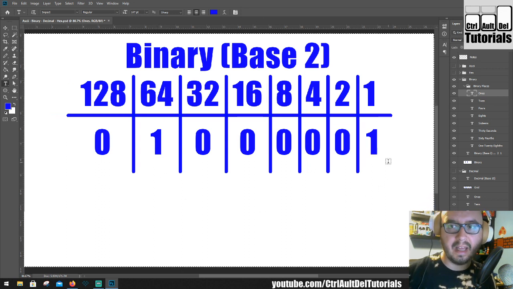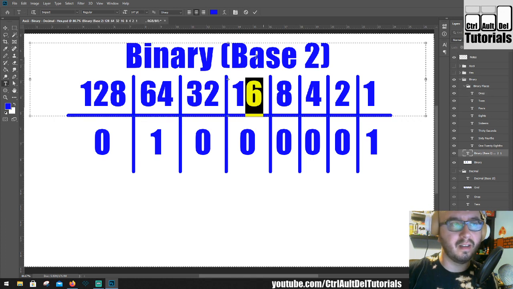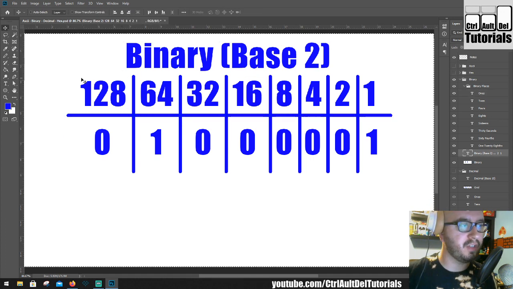That's going to be a decimal value of 65. So when we add these up, we convert that to a decimal value. Each one of these is essentially a decimal. I have 1 sixteen; that's a decimal value that's shown at the top. So when I add these up, I get a decimal value.